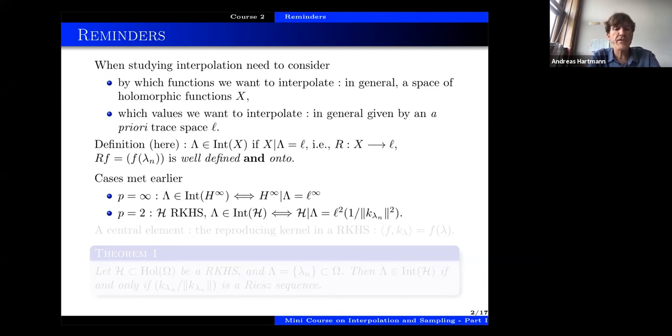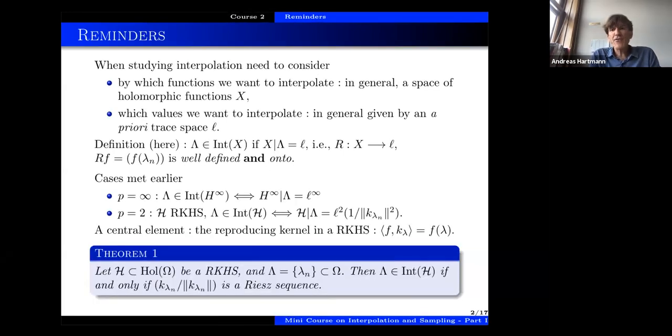Another way of expressing this is to say that the restriction operator, which associates to each function f the sequence of values f(lambda_n), is into little l and onto little l.